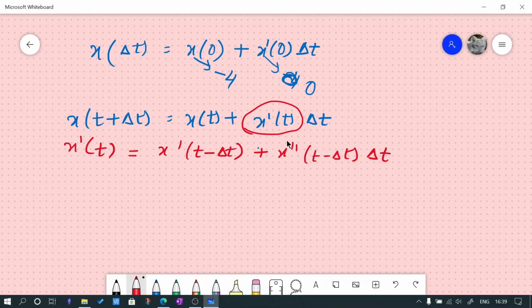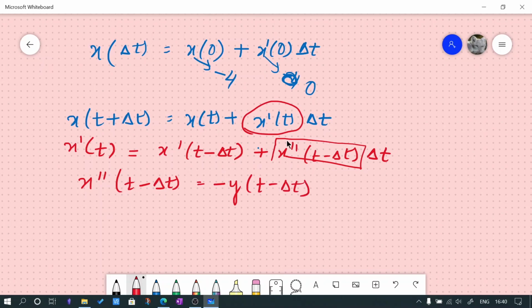So the program will definitely know the value of x dash at t minus delta t, which can also be computed since x dash at t minus delta t is nothing but minus y at t minus delta t, which can also be provided. But how does the error creep in?